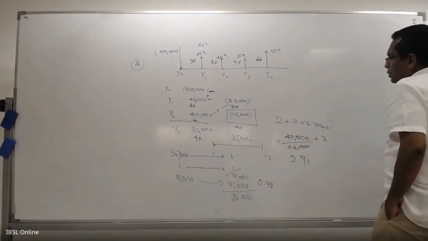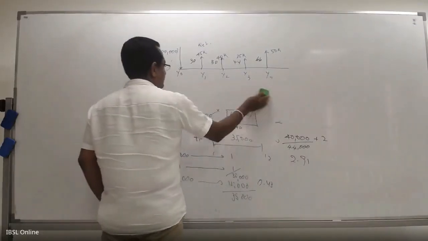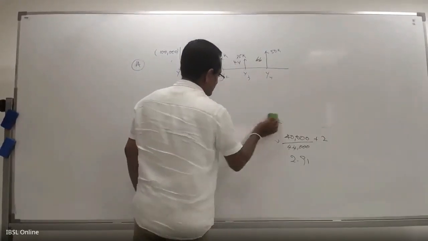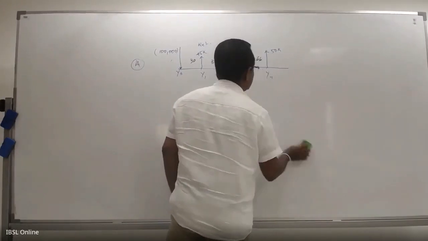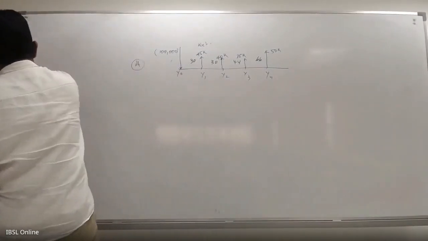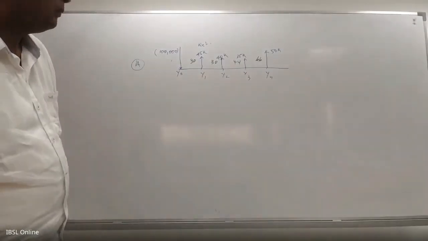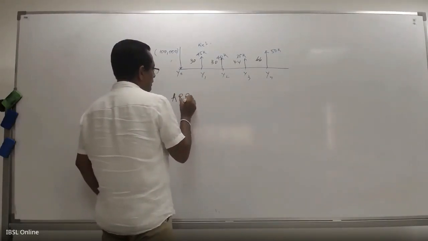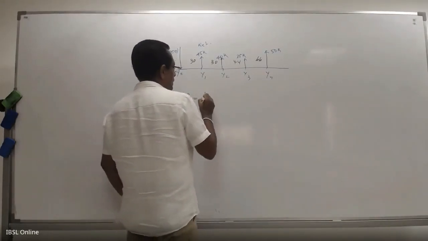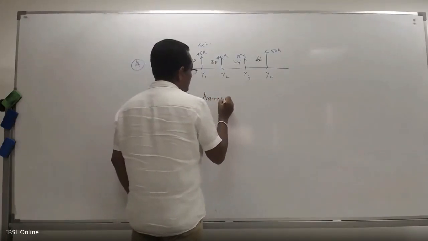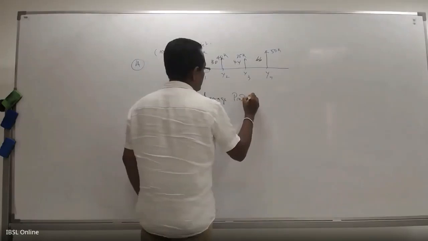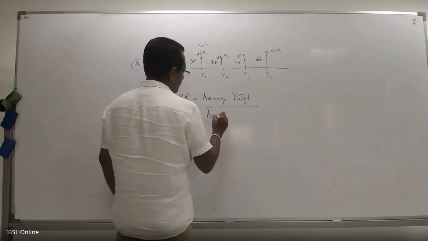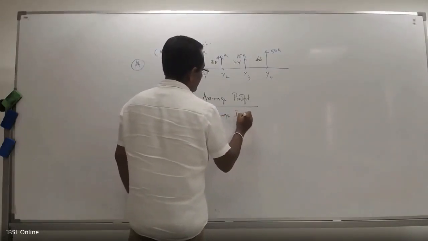If I go back to the board, ARR equals average profit divided by average investment.